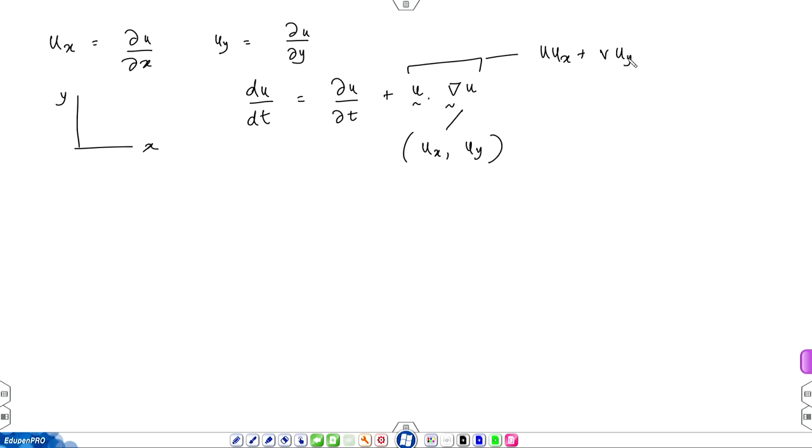So, there are names attached to these derivatives. So, this form, the left hand side, is often called the Lagrangian form of acceleration, and the right hand side is called the Eulerian form.